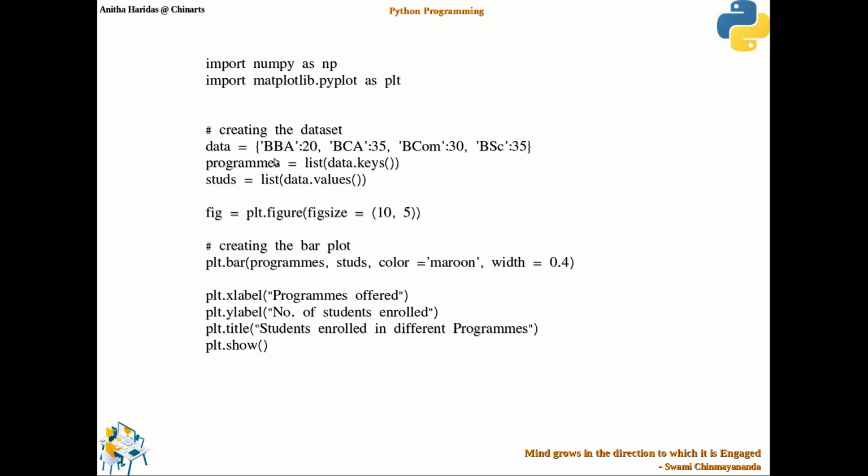I am going to call the list function for creating a list called programs from the key values, right? So these are the keys. Using these keys I create a list, and using the values I create the list for the number of students.